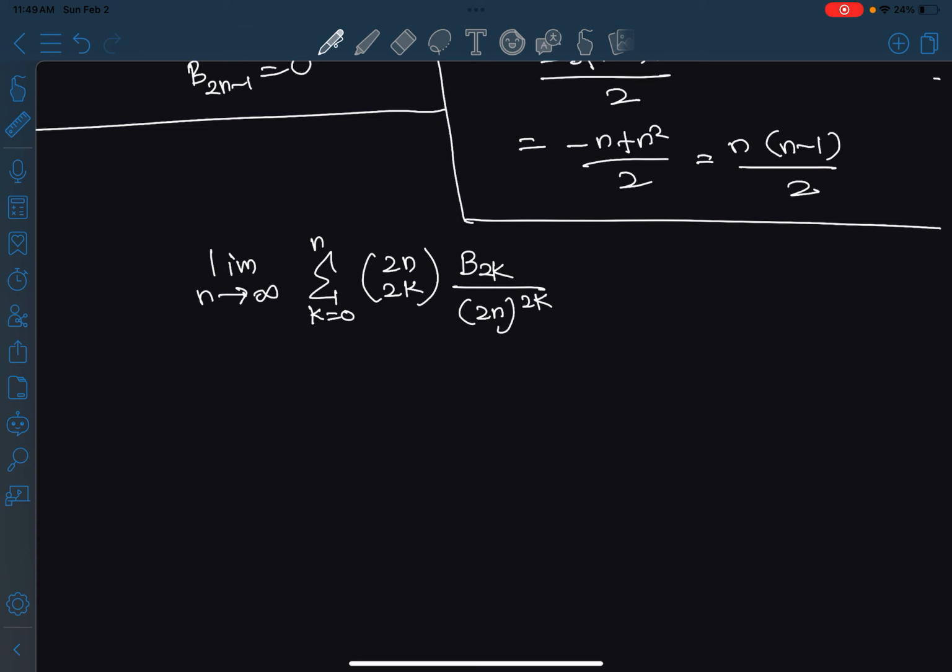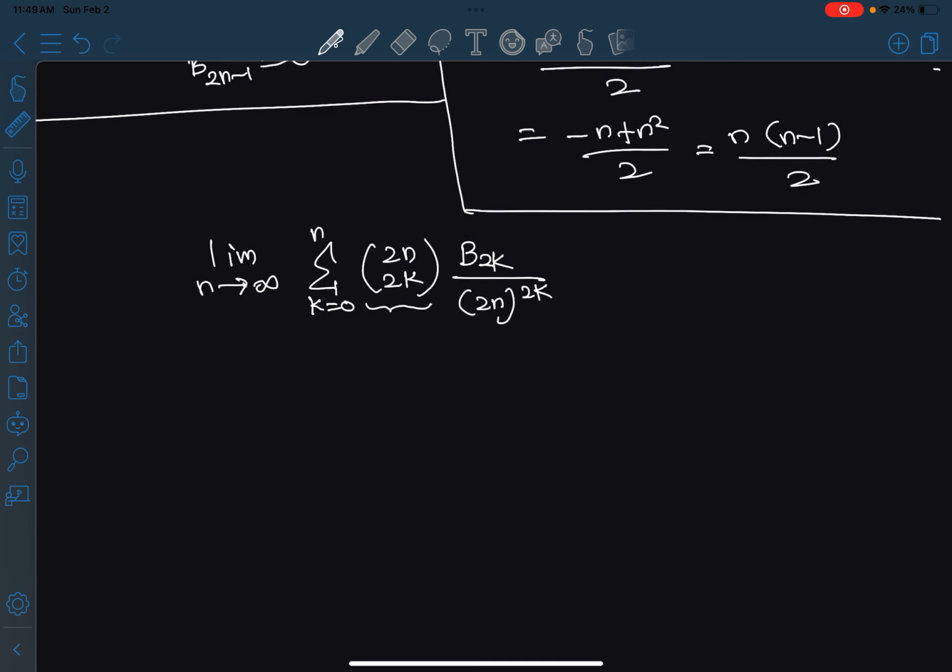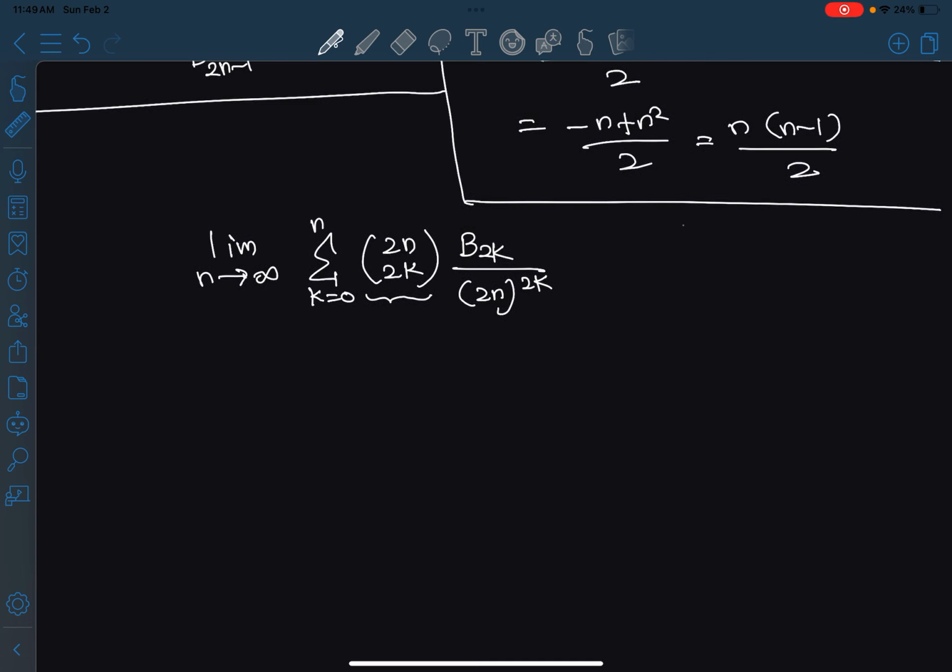When n is going to infinity, there's an interesting formula for this binomial coefficient, and we are going to use that. If n is really bigger than k, then n choose k can be approximated by the formula n to the power k by k factorial.